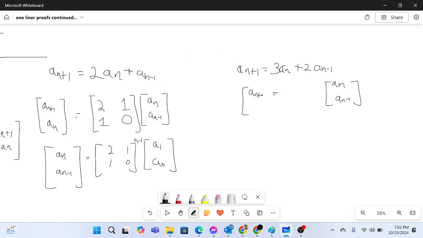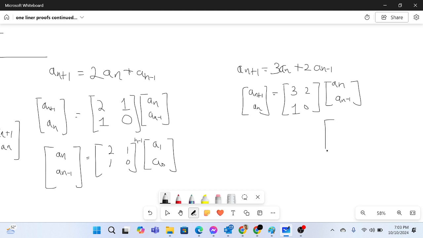So a(n+1), a(n), you want this, right? How you can do it is, you basically want to add 3 times this and 2 times this. So there will be 3 and 2, so that we will get this one, right? And for the second one, we just want the first one, so let it be 1 0. So yeah, this is how you generate the vector.